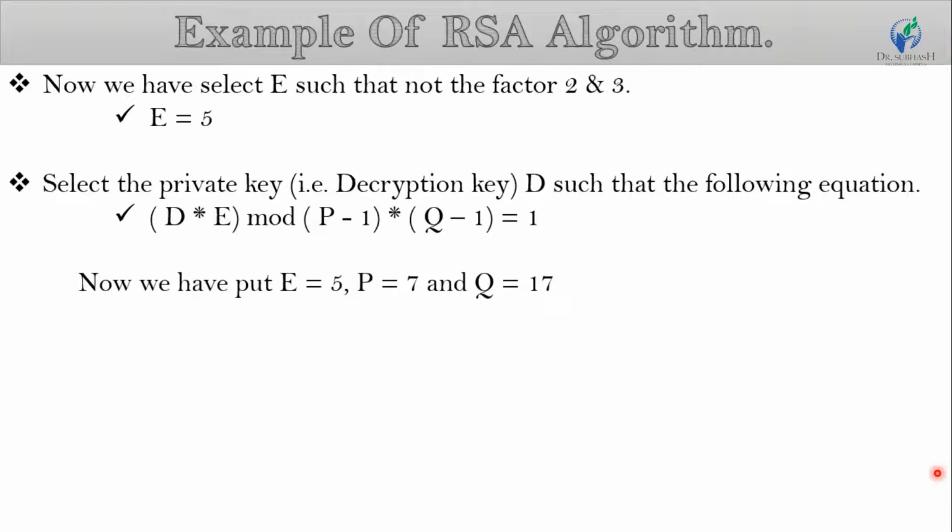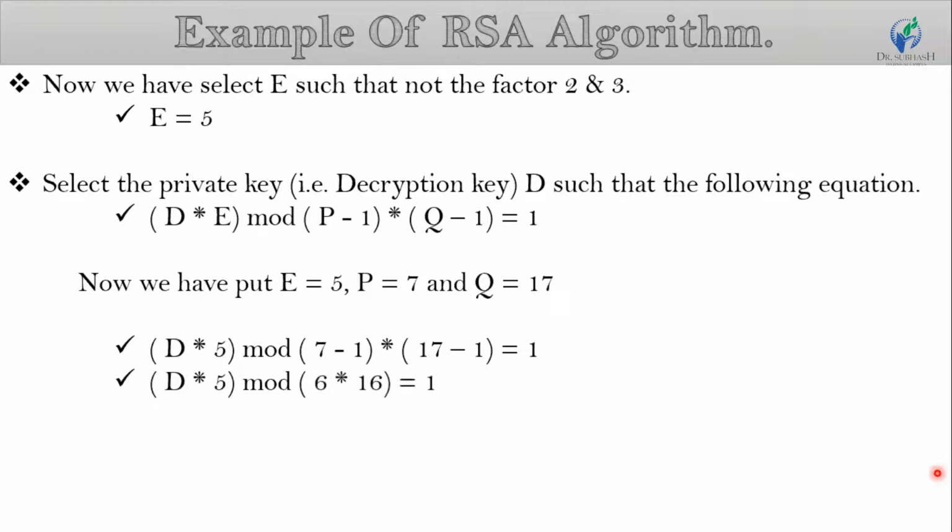So it's D multiplied by 5 mod 6 times 16 is equal to 1. So it's D multiplied by 5 mod 96 is equal to 1.